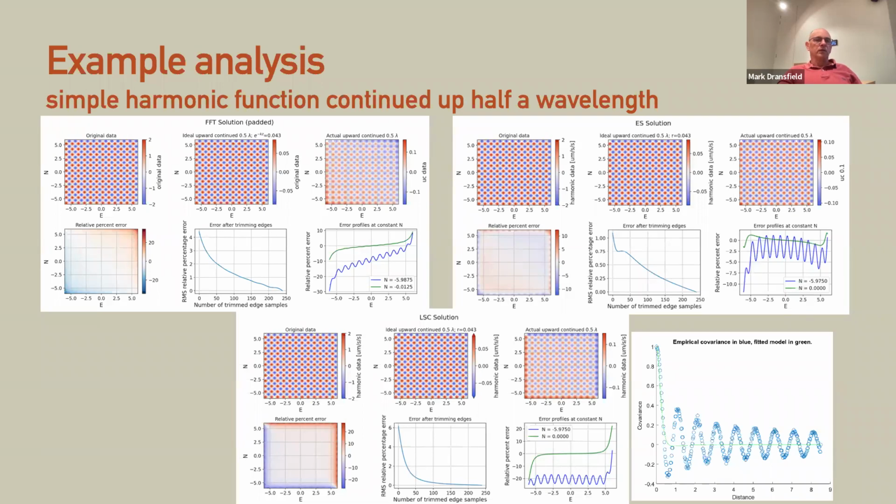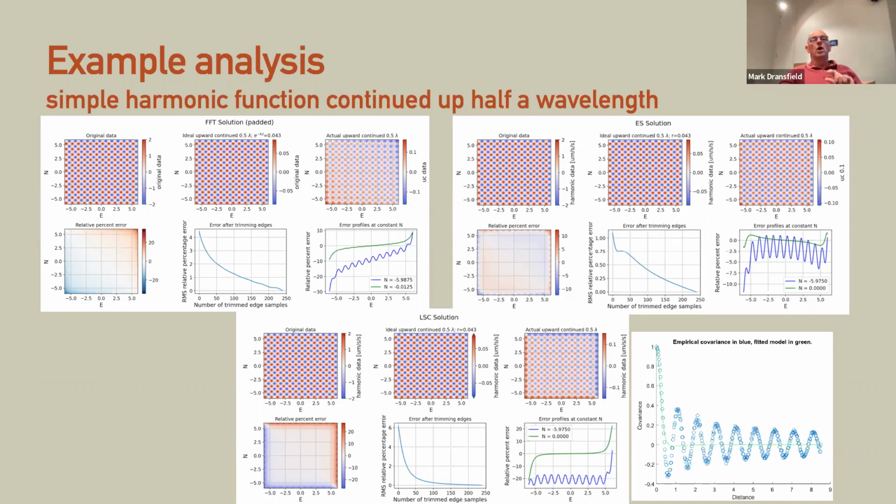So this first one is my approach to the problem, which is, let's start off with the simplest model you can think of, and it's a sine function. So this is a sine function in X and Y, and if we start the very top left, that's the original data, sine function in X and Y over some area. And if we move to the top middle function in that plot, it's the same function calculated at a higher altitude.